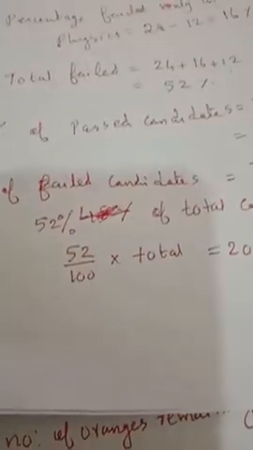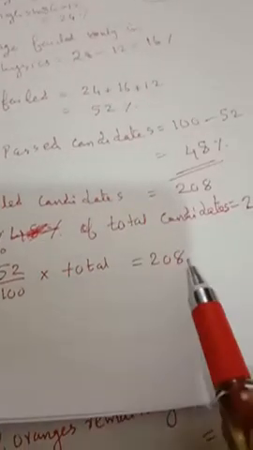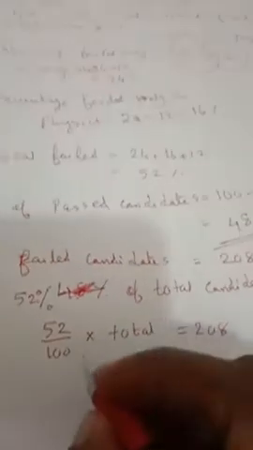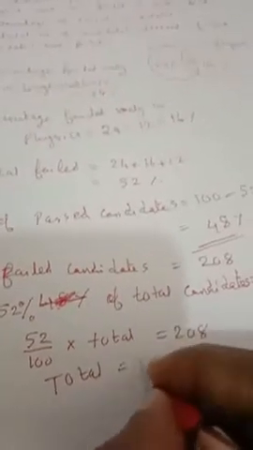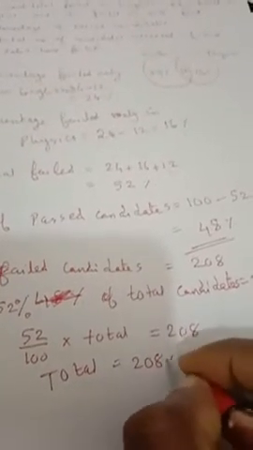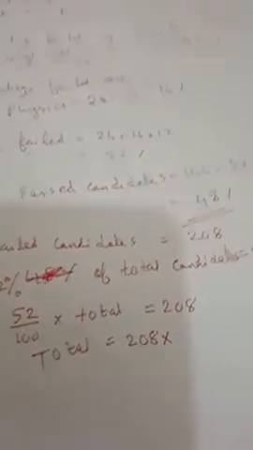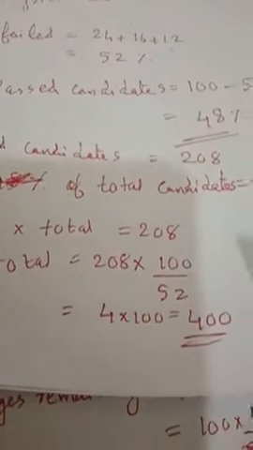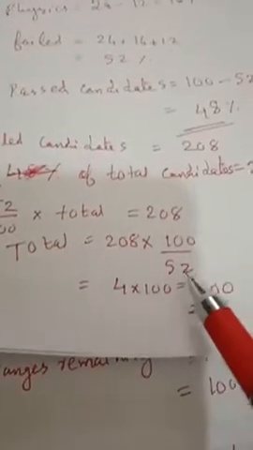Percentage means out of 100. So 52 by 100 into total candidates equals 208. So total is equal to 208 into 100 by 52.